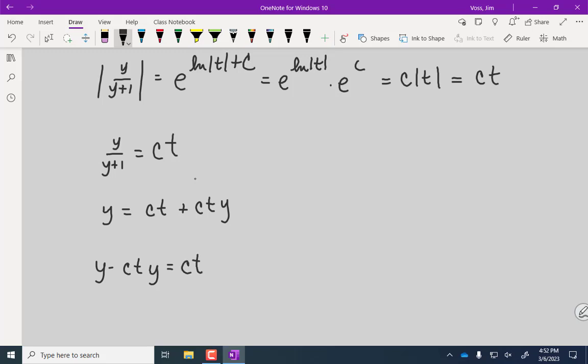So pull all the y's to the left. Like terms to the left. Factor. Divide.